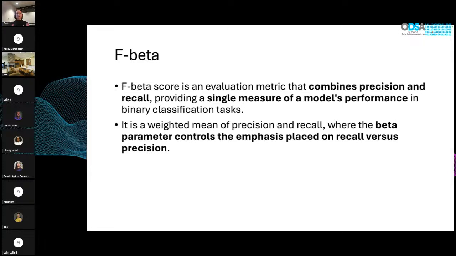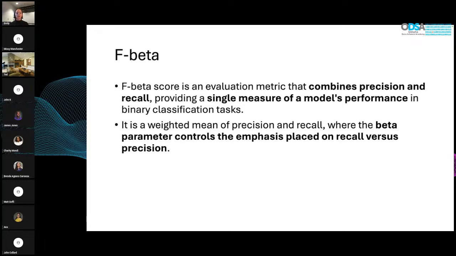So an F1 score is a version of the F beta where the beta takes on the value 1. F1, where beta equals 1. That is the harmonic mean between precision and recall, where we are weighting precision and recall equally.